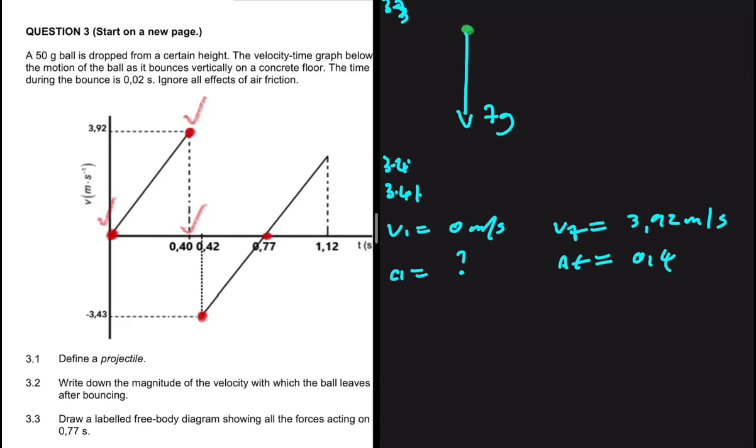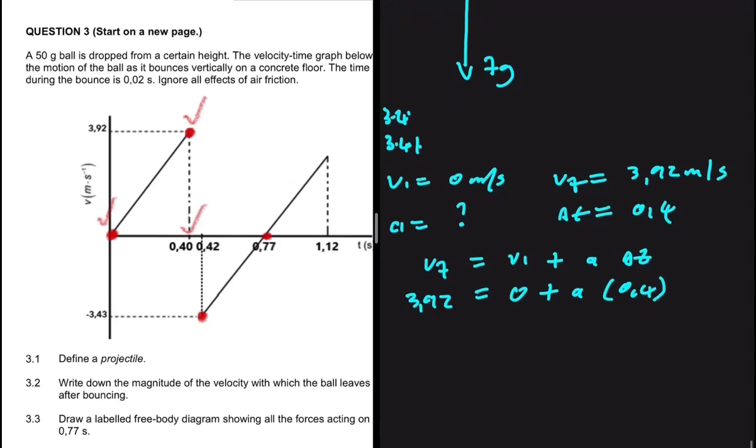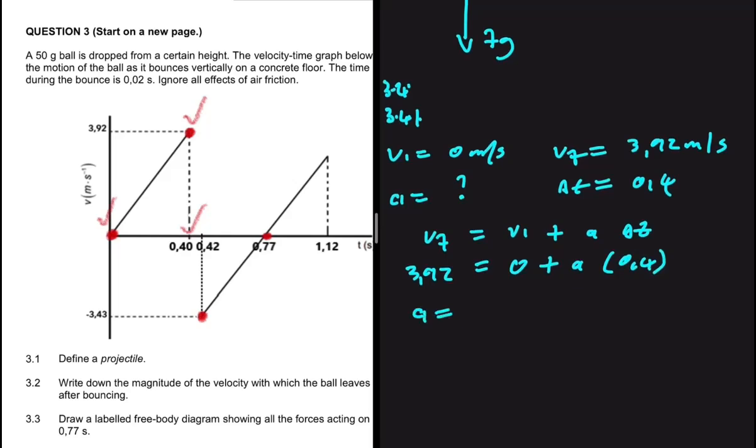So Vf equals Vi plus a delta T. We're saying that Vf is 3.92 and Vi is 0 because it is dropped, plus a multiplied by 0.4. It's easy to see now that a is just equal to 3.92 divided by 0.4, which in your calculator gives 9.8 meters per second squared. So that is our acceleration using equations of motion.